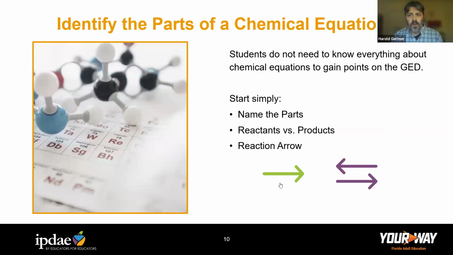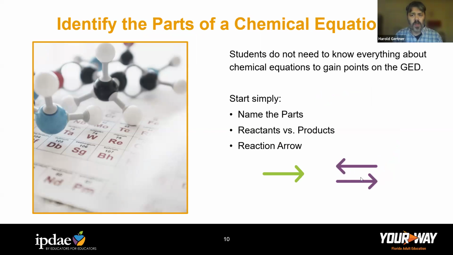And so, starting simply, like we just mentioned on that last slide, just naming the parts of an equation or identifying which pieces of a chemical equation are reactants or products, or the reaction arrow, right? You can have, as we mentioned a moment ago, a one-way reaction or a reversible reaction.